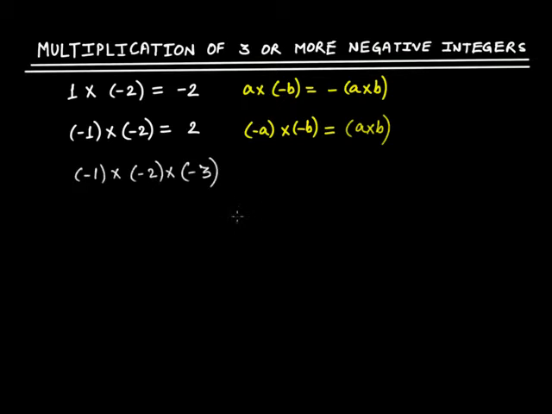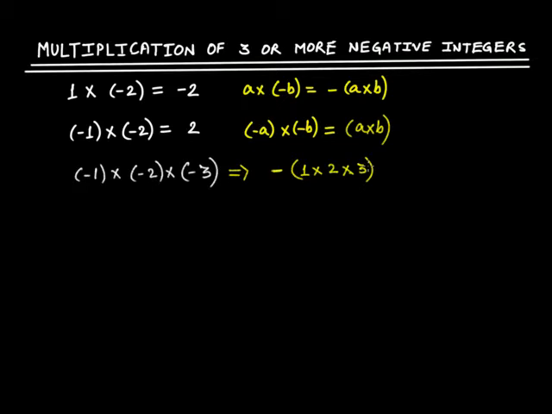If you have three negative integers, your answer will again be negative. So in this case, your answer will be negative of 1 times 2 times 3.